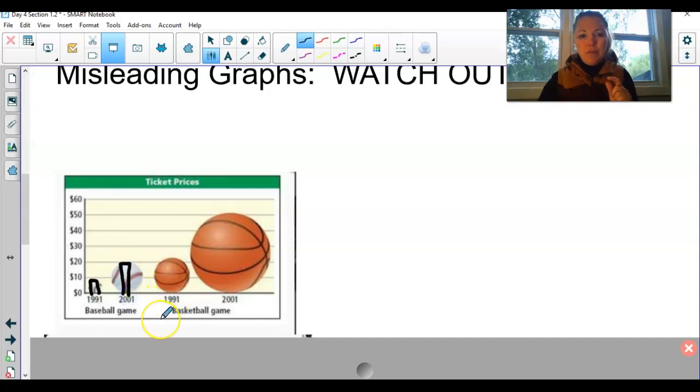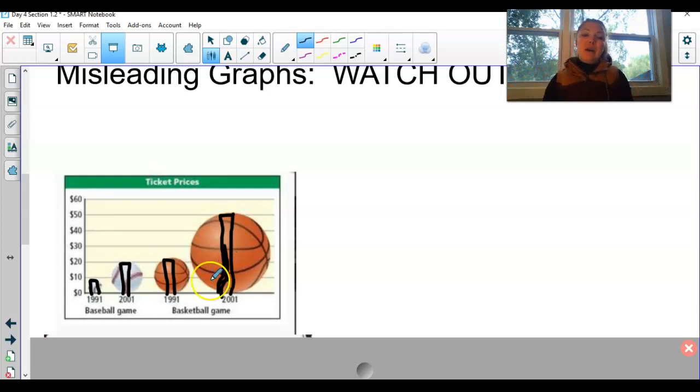And I'm not doing it perfect again because I'm using my trusty mouse on this smartboard app. Oh dear, that wasn't very good, but that's okay. Well, you get what I mean, you can envision it, right?